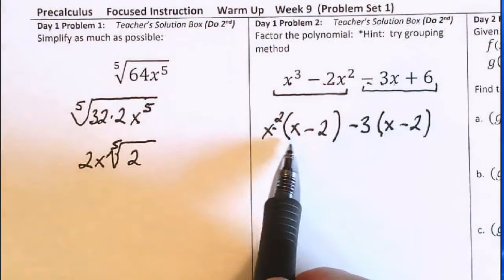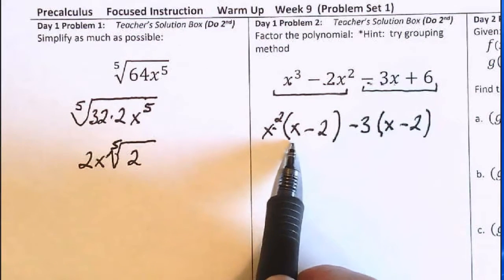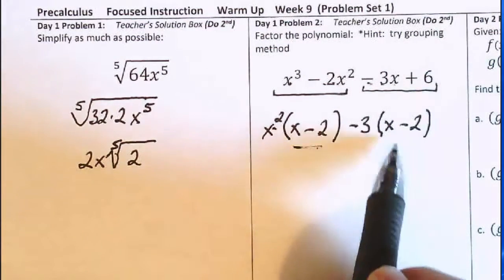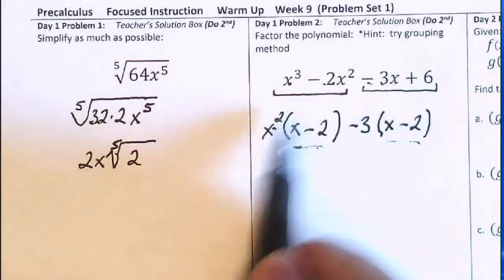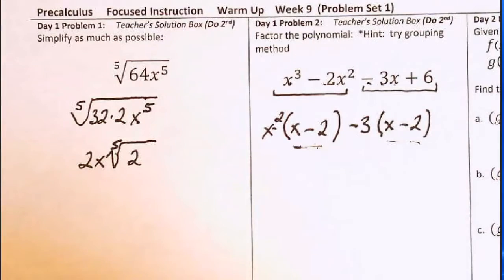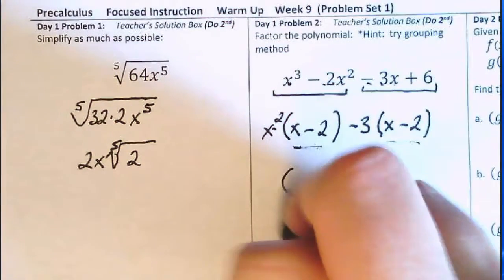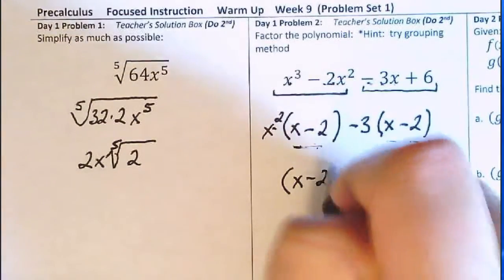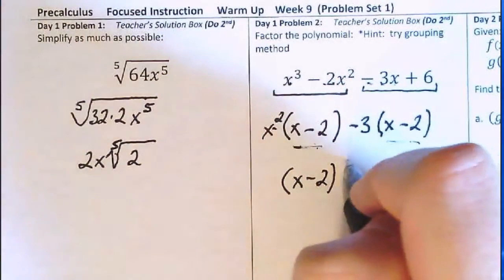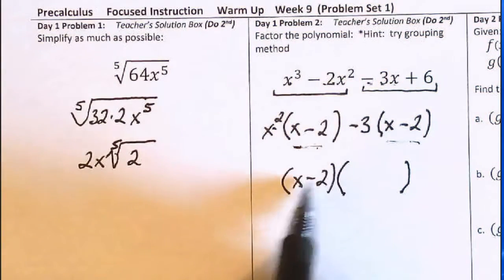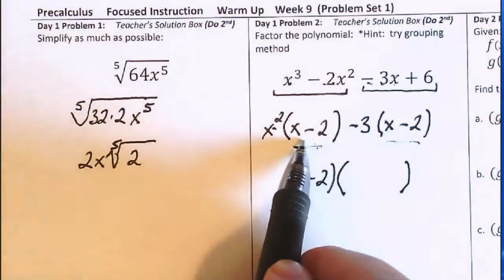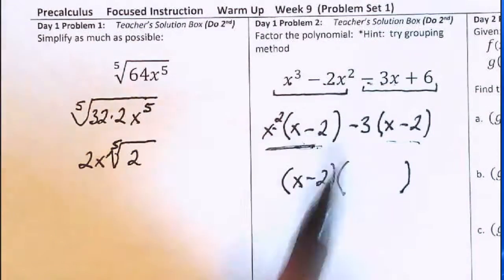Please notice that we have a common factor of x minus 2 in both places of this factored form. That's like having a greatest common factor of x minus 2. So we can factor out the x minus 2, and then in parentheses, fill in these missing parts. x minus 2 times what was that first part there?